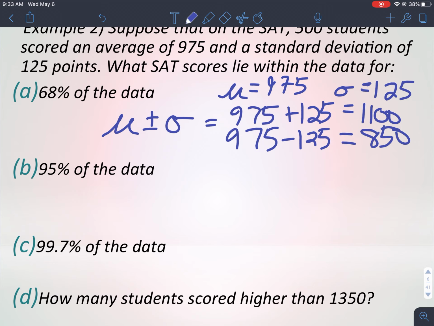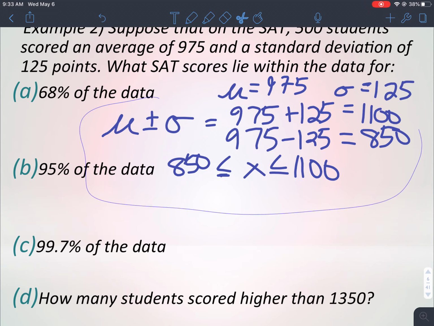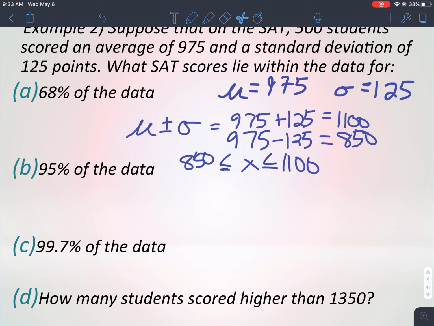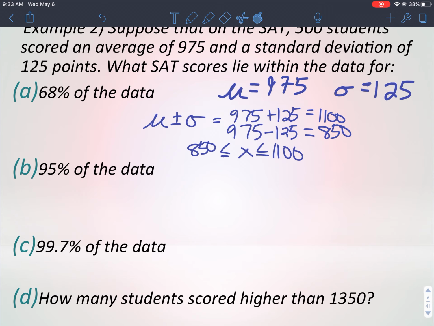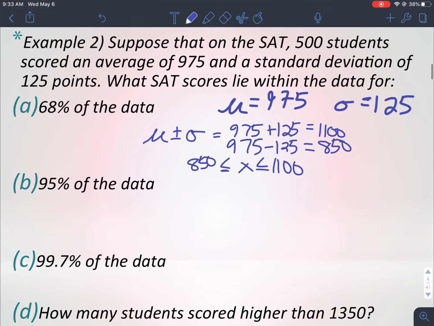So 68% of the data values lie between 850 and 1100. 68% of all SAT scores would be between 850 and 1100. Okay? Notice that I used X as the score, and I used less than or equal to signs to make a compound inequality.